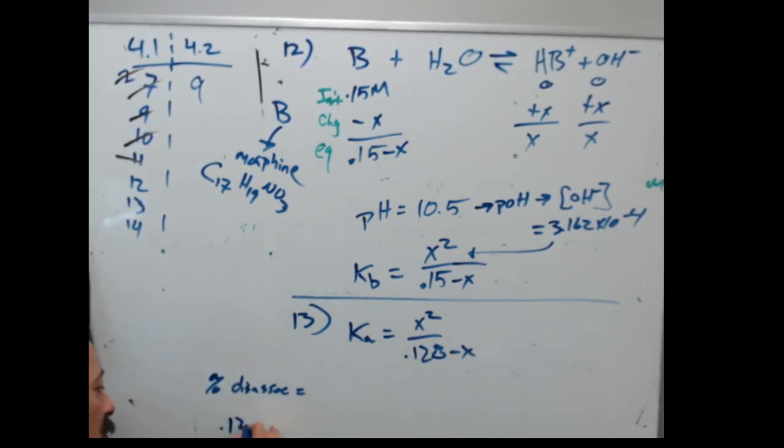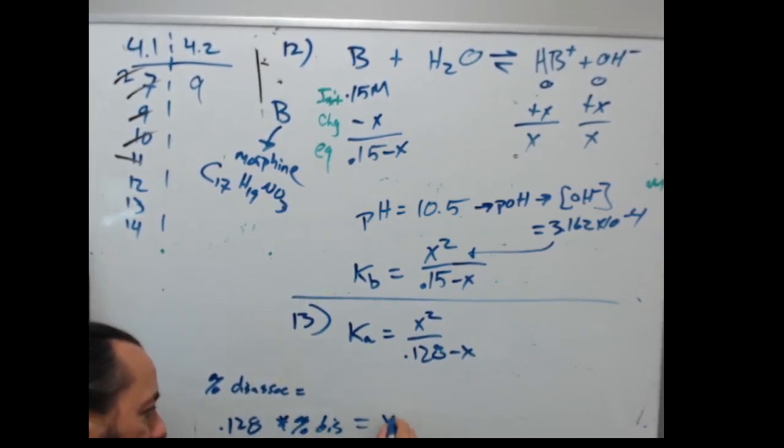If 0.128 was 100% disassociated, what would my X value be? 0.128. If it were 10% disassociated, it would be 0.0128. Now, if it is 1.54% disassociated, percent disassociation is really just another way of telling us what X is.